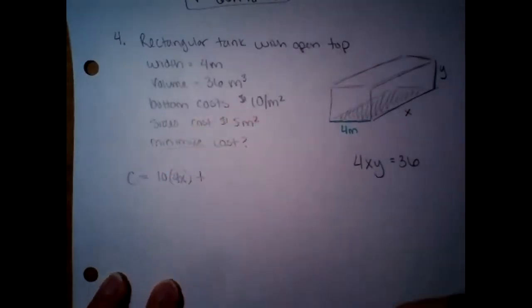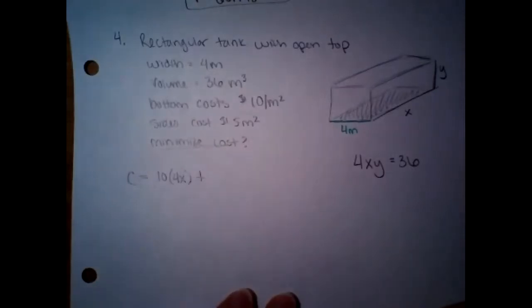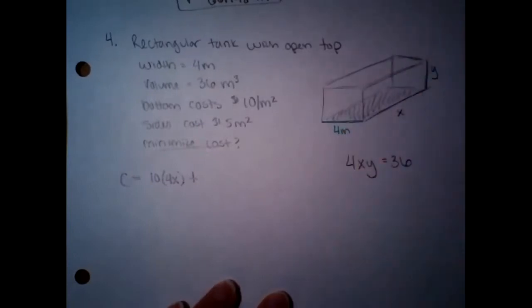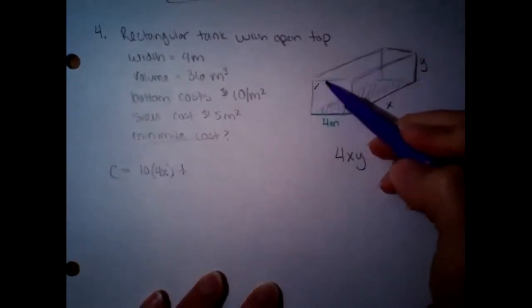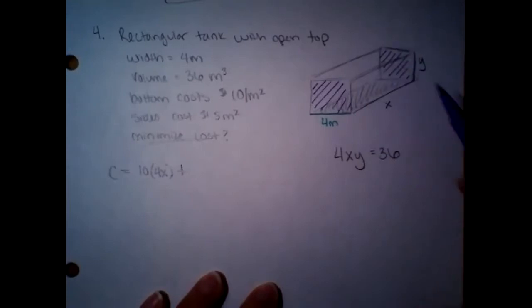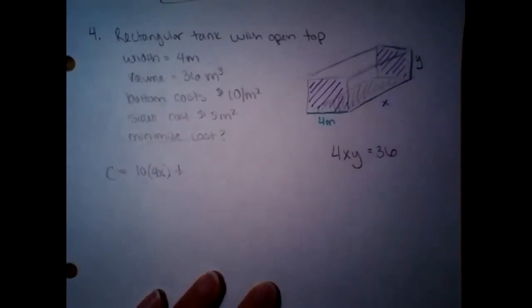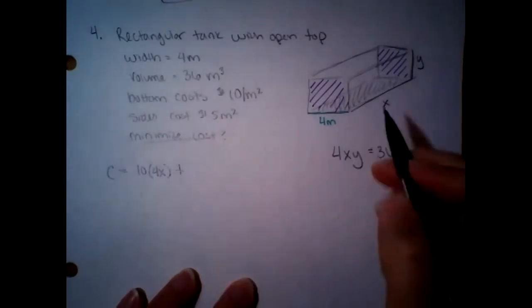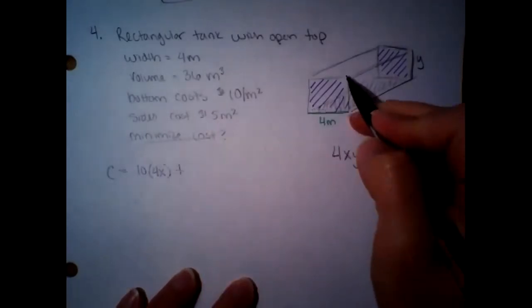All right, and then next we're going to add up the sides. Now I can't do all 4 sides at once because they're different areas. So here, I'm going to totally ruin my picture, but let's do these sides first. They cost $5 per square meter, and the area for that would be 4 times y.